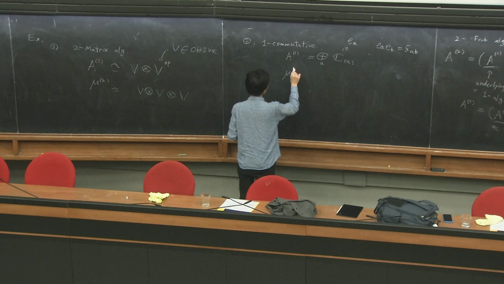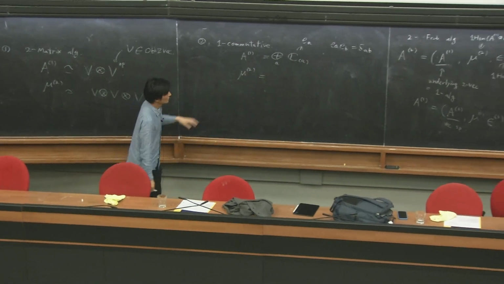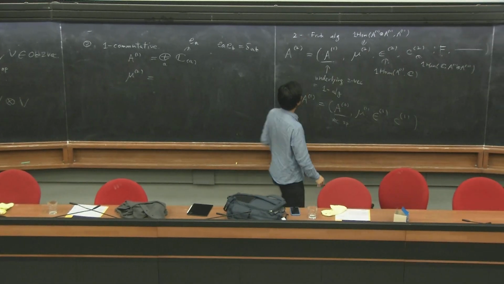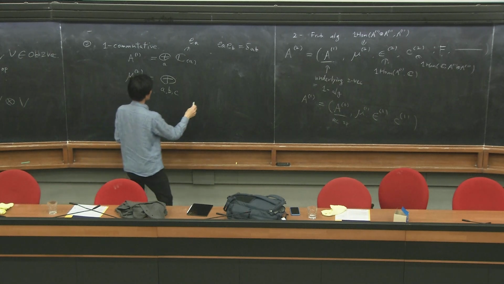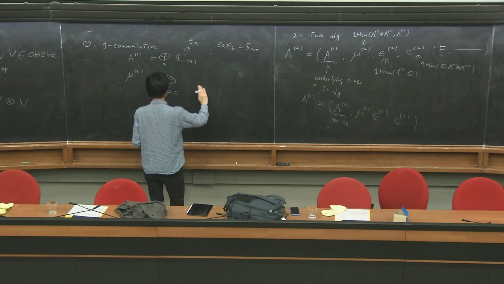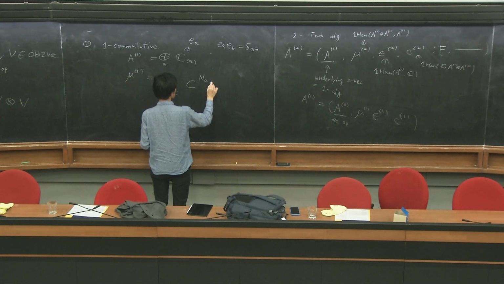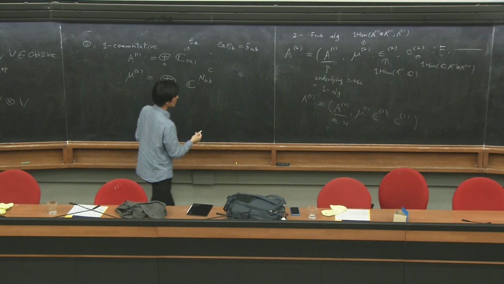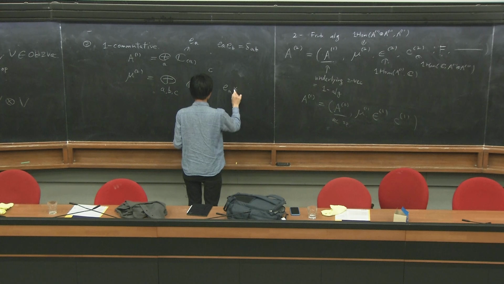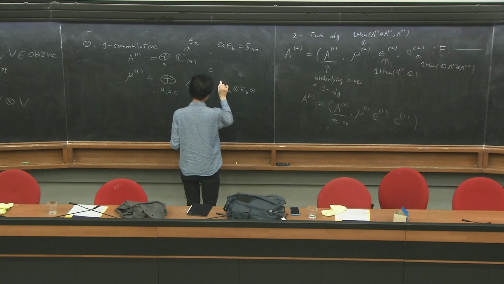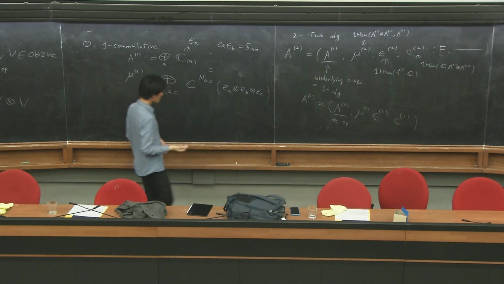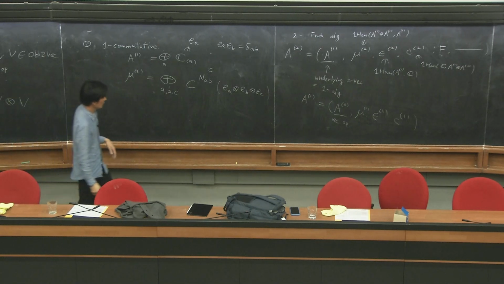So in general, this stuff should be parameterized by A, B, C, and C to N, A, B, C, and E_A tensor E_B tensor.